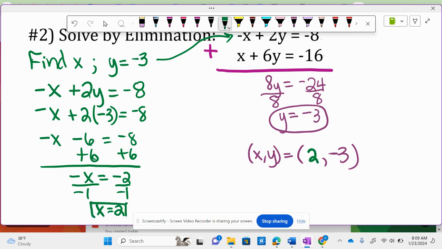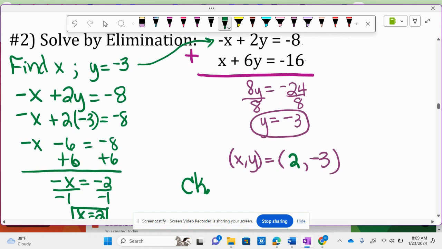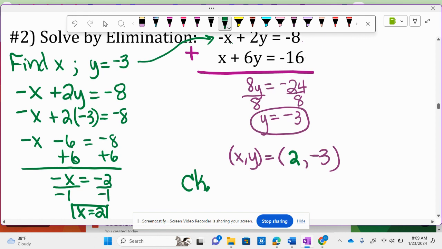Okay. So what are we going to do next? Yeah, we're going to check it using our calculator. So notice that this first equation has a negative in front of my x. You have to make sure that you use the negative symbol, not the minus symbol, when you put that into your calculator, okay?